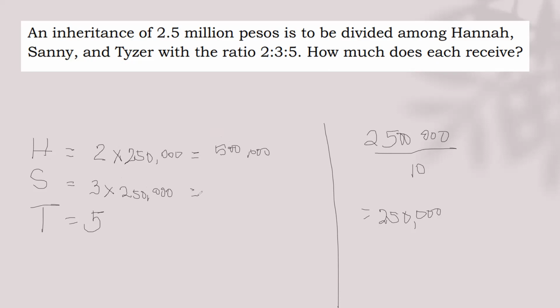Magkano makukuha niya? 750,000. That's correct. And for the last one, si Tyzer na may pinakamalaking bahagi which is 5, magkano ang makukuha niya? 1,250,000 po. That's correct. So, ganyan maghahati-hati ng inheritance ang tatlong tagapagmana.